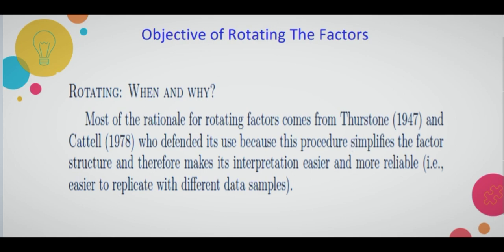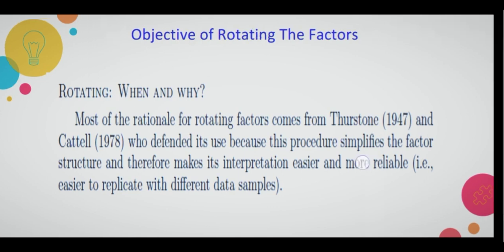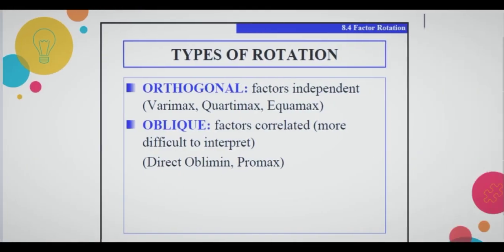So dia punya value of R tu akan jadi lagi clear lah. So dia akan simplify kita punya factor structure, and then from that it is easy for us to interpret or select the variables that belong to which factor. We have two types of rotation actually. Dipanggil orthogonal rotation dan juga oblique rotation.